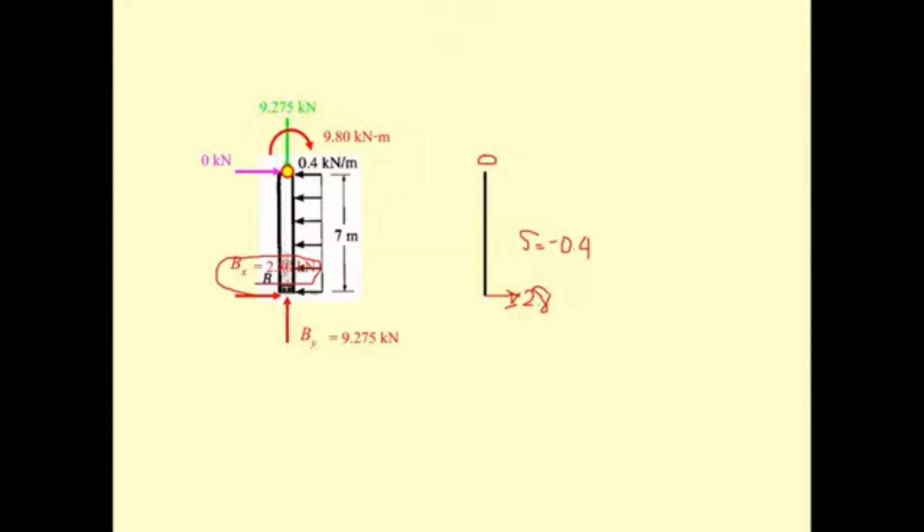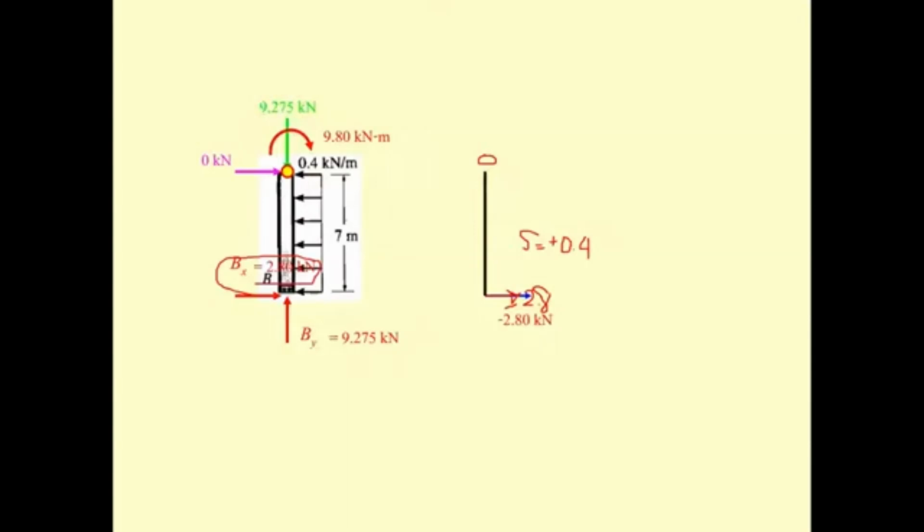And then the slope here, this is negative 2.8. Slope here is going to be what? No, it's going to be plus. Okay, because the force is from the left to the right is negative.